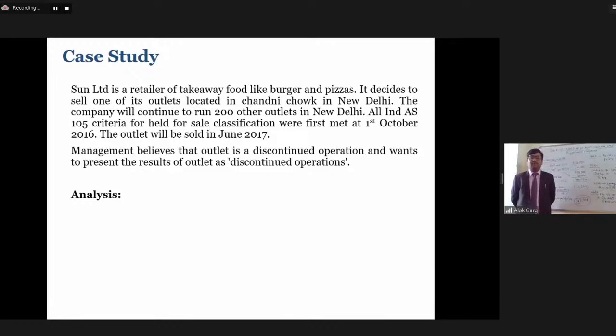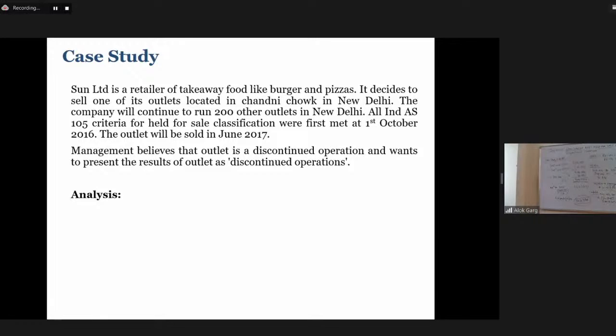So friends, what is your view? Is this outlet an asset classified as held for sale? Is this outlet a disposal group classified as held for sale, or is this outlet a discontinued operation? What is your view? I'll give you 1 minute. Please think.